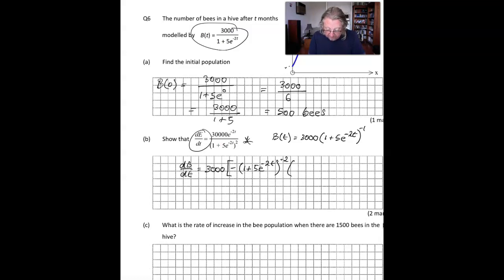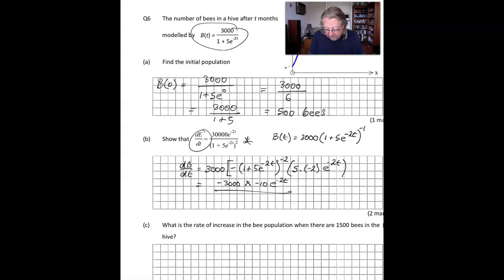Chain rule happening here. The derivative of what's inside, well, the derivative of 1 is 0. Derivative of 5 times e to the minus 2t, well that's 5 times, and the derivative of minus 2t is just minus 2, times by e to the minus 2t. And working on that, we get minus 3,000 multiplied by minus 10 times e to the minus 2t.